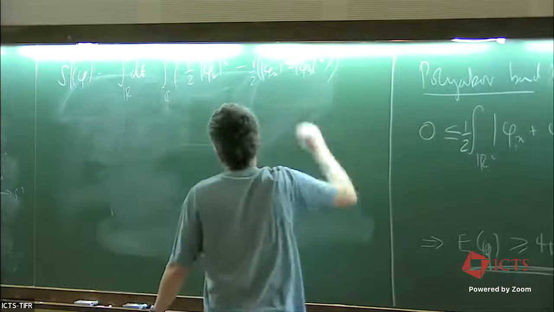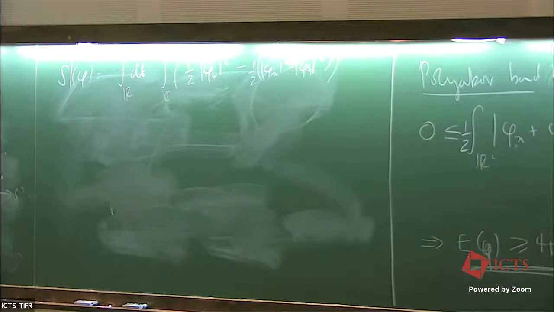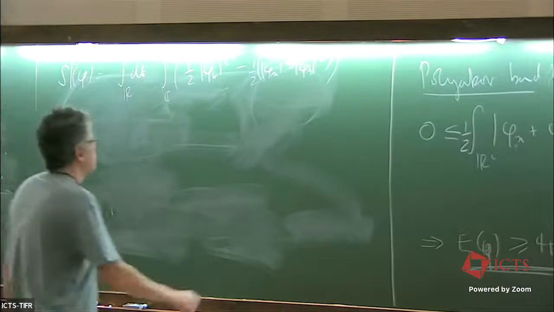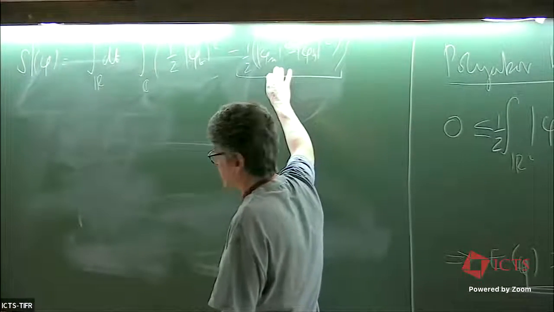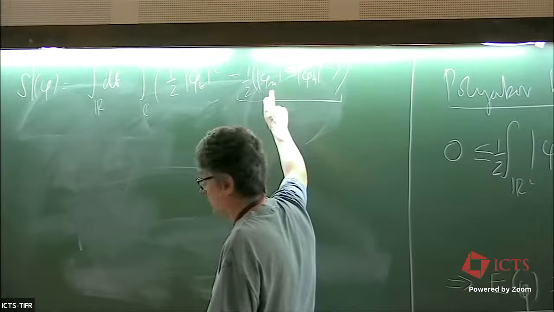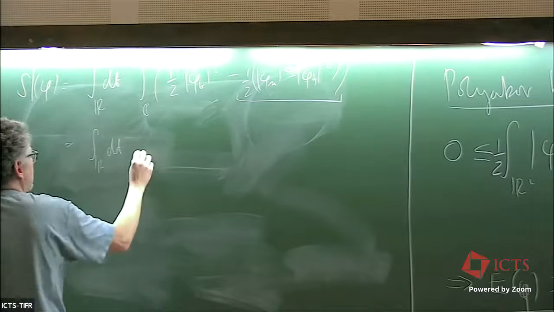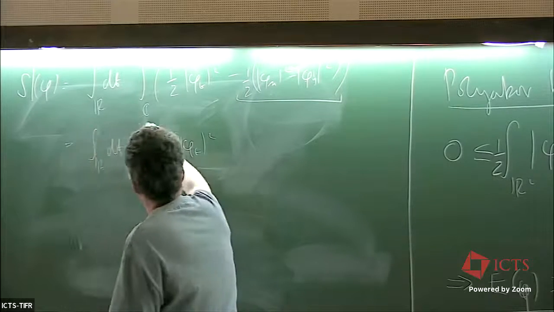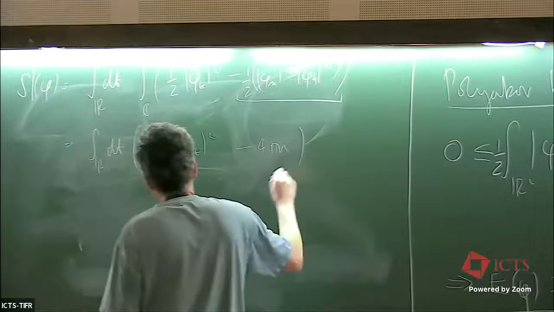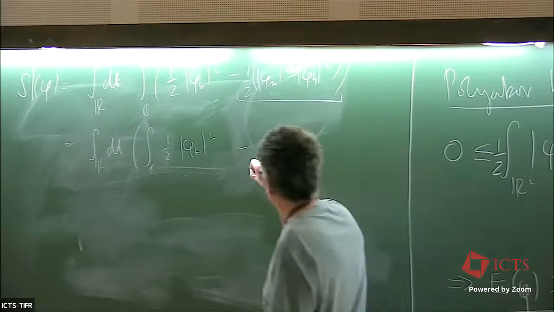We take the same action we had to start off with, but we just restrict it to fields which at each fixed time lie on the manifold of static solutions. If we do that, this is very simple, right? The integral over space of this quantity here is exactly 4 pi n. I mean, that's how these fields were chosen. So this is equal to the integral with respect to time of this quantity here minus 4 pi n. This is just a constant, which is irrelevant when we do the variational calculus, so we can just throw it away.